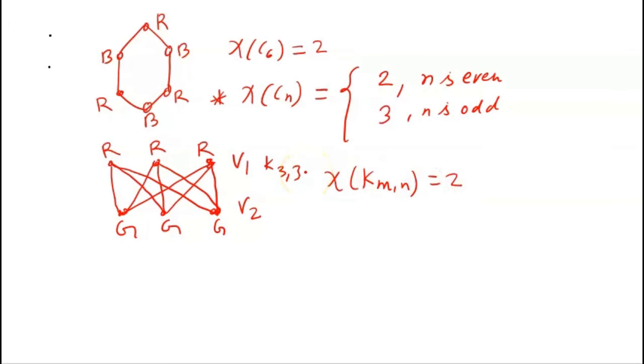And for a bipartite graph also it will be equal to 2, because I hope you have understood the difference between bipartite and complete bipartite. In a bipartite graph, we may have a situation where we can join the edges like this, but it is not complete bipartite, because for it to be complete bipartite, every vertex on this side should be joined to all the vertices on the other side.